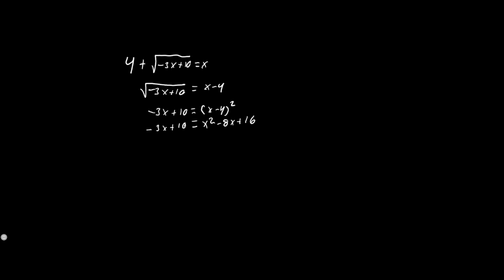All we have to do now is add 3x to both sides. So we get x² − 5x, and we subtract 10 from both sides, so we get 16 minus 10, which is positive 6, is equal to 0.